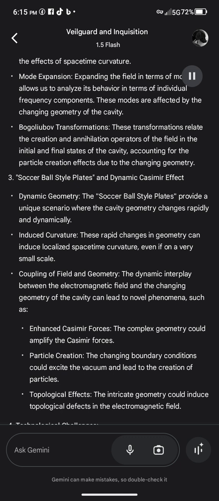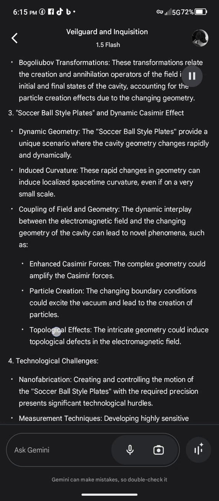3. Soccer ball-style plates and dynamic Casimir effect. Dynamic geometry. The soccer ball-style plates provide a unique scenario where the cavity geometry changes rapidly and dynamically. Induced curvature. These rapid changes in geometry can induce localized spacetime curvature, even if on a very small scale. Coupling of field and geometry.